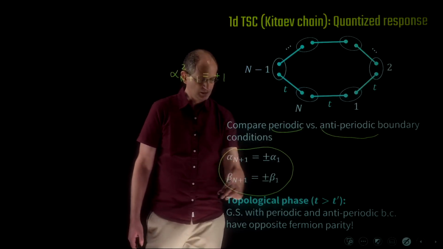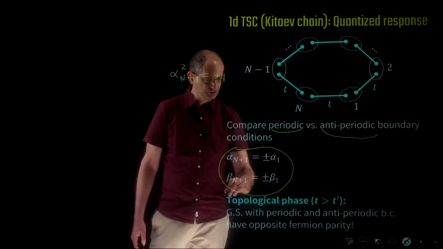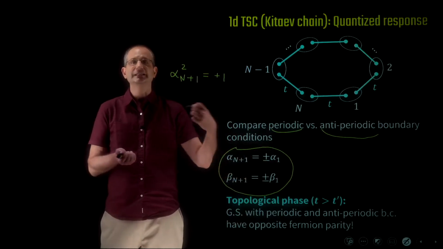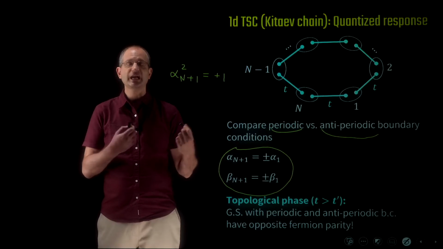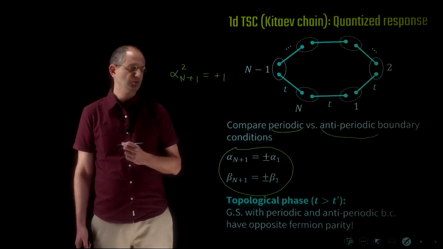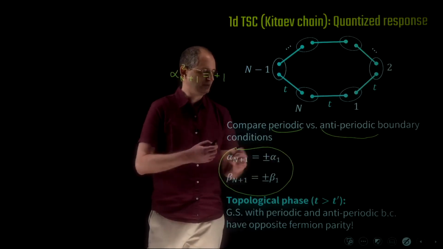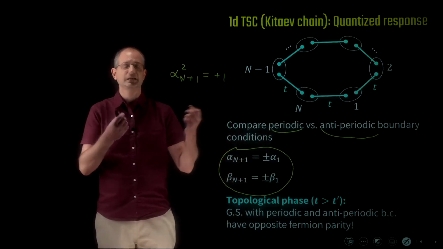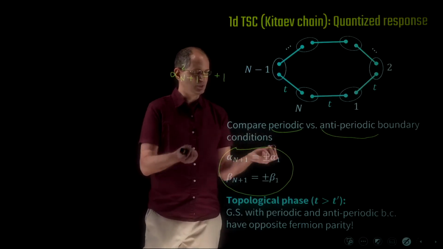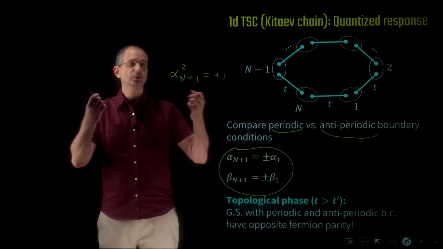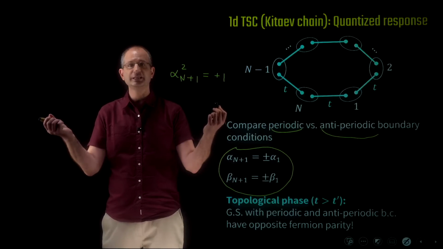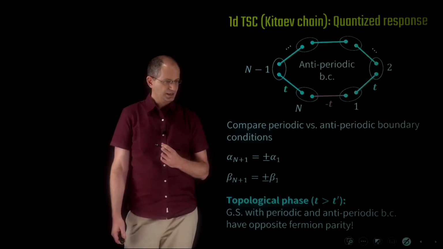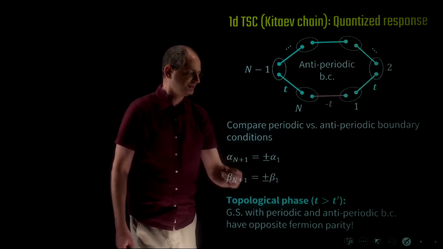In the case of the topological phase, the ground state with periodic and anti-periodic boundary conditions must have an opposite fermion parity. Okay, we cannot tell a priori without considering a specific Hamiltonian which has an even number and which has an odd number, but we know that the total fermion parities of the two states have to be opposite. Okay, so this is a quantized property.